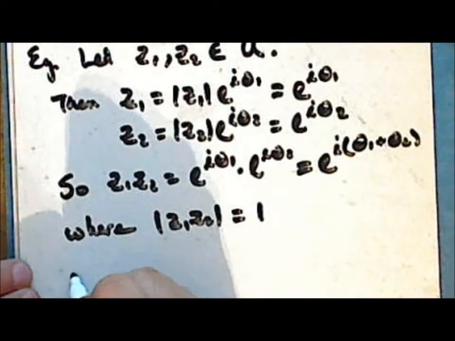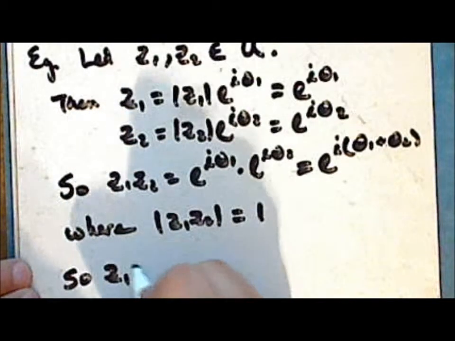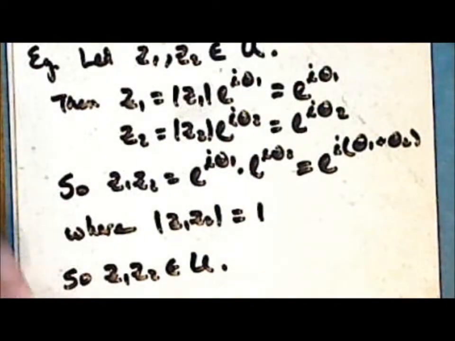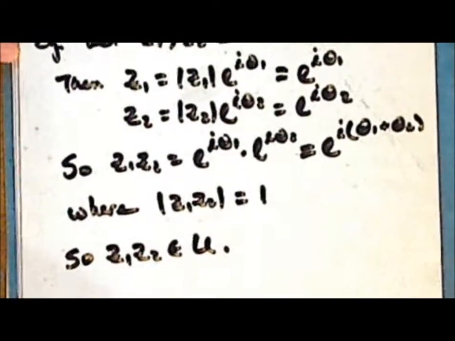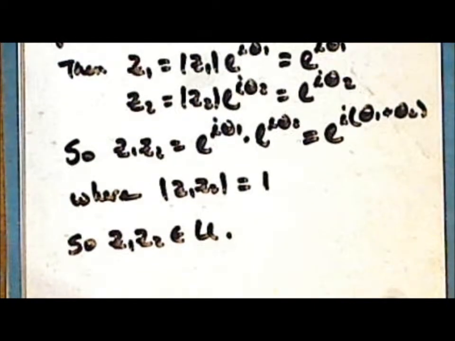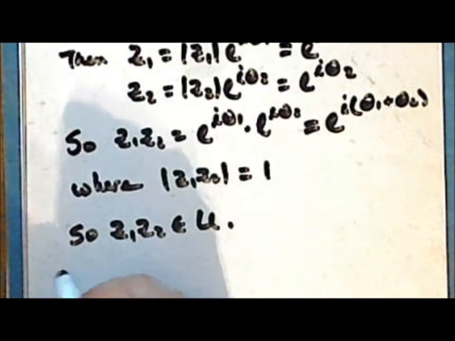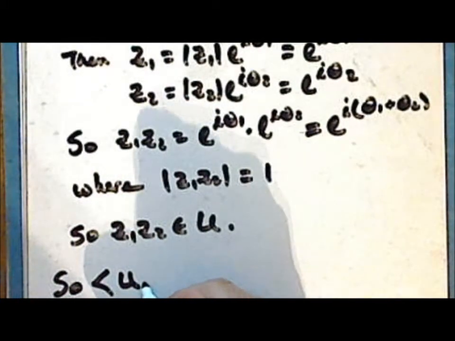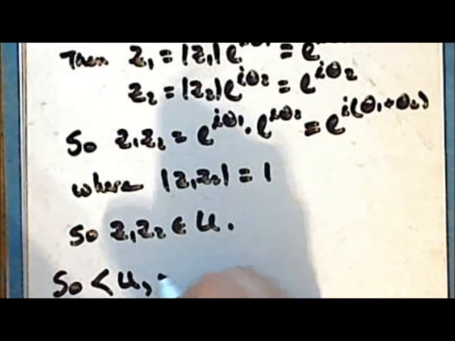And so the product Z1 Z2 is in the set of elements on the unit circle. The product is on the unit circle. And so the structure consisting of the unit circle on the complex plane, together with multiplication, is a magma.